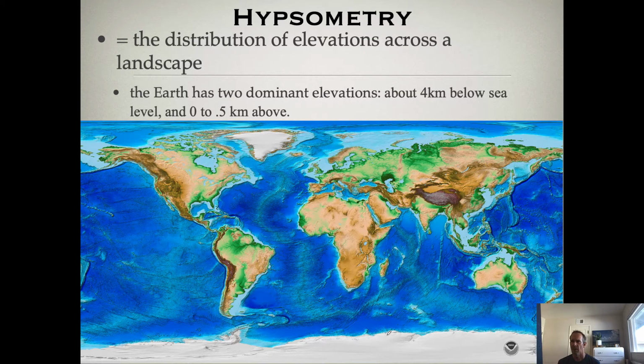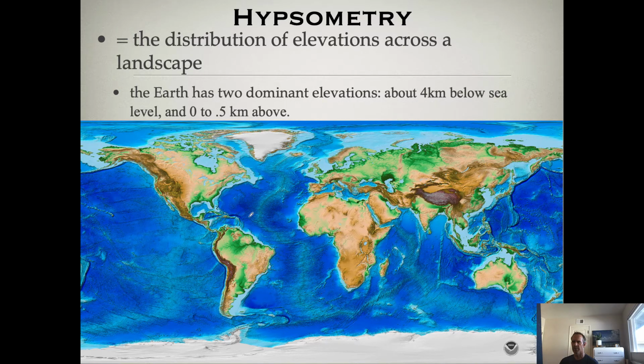So first, this is a digital elevation model of the topography of the planet, and we sometimes refer to this as hypsometry, which is just looking at the distribution of elevations across the landscape. If we look at the entire planet, we see that Earth has two dominant elevations. The first is about 4 kilometers below sea level, and that's the blue that you see.